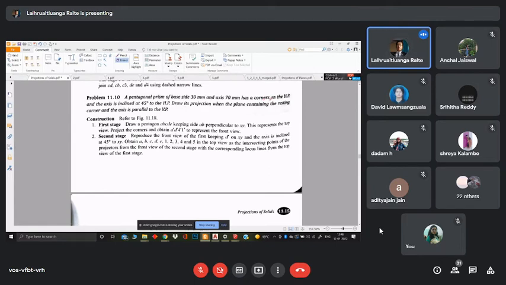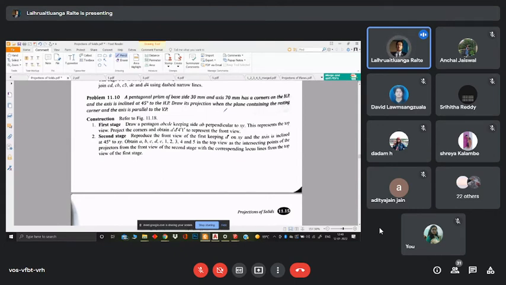Okay, it should be a corner, not corners. It has a corner on the HP. All right, so we have to draw a projection when the plane containing the resting corner and the axis is parallel to the VP.